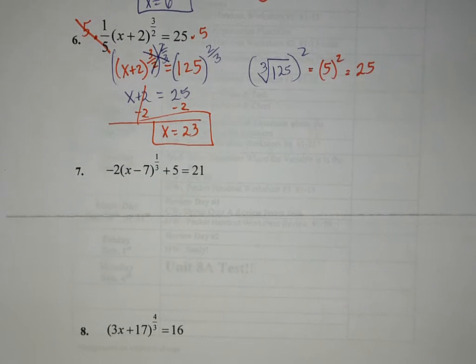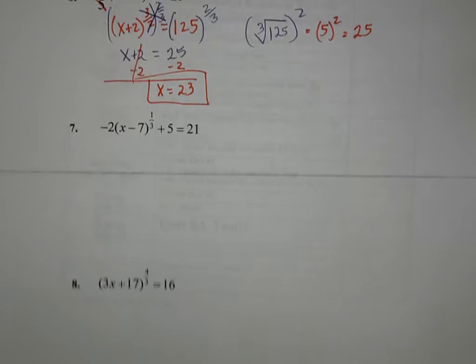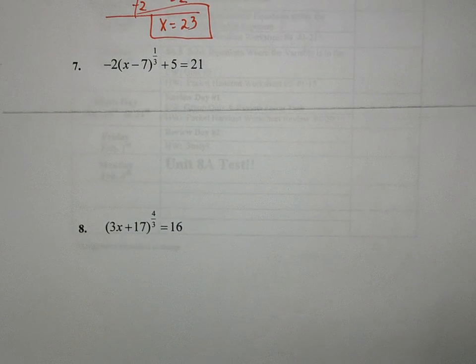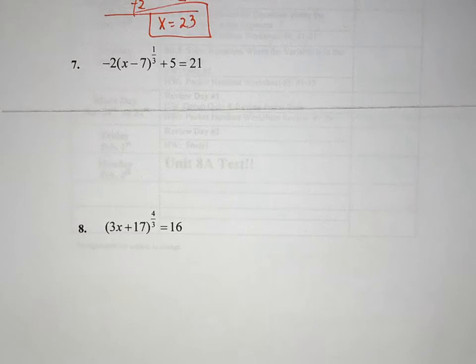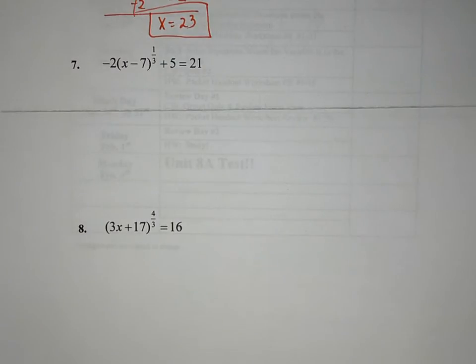Do you guys think you can do 7 on your own? Okay. I'm going to give you about a minute. If you have the answer, I'll check it. Perfect. Good job.